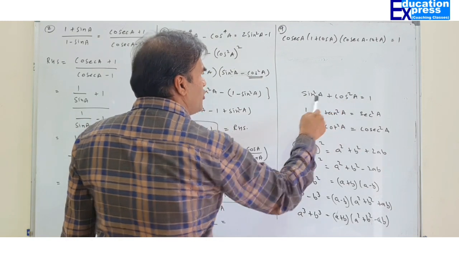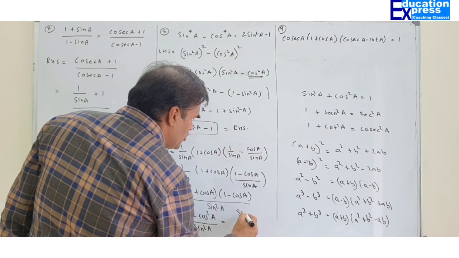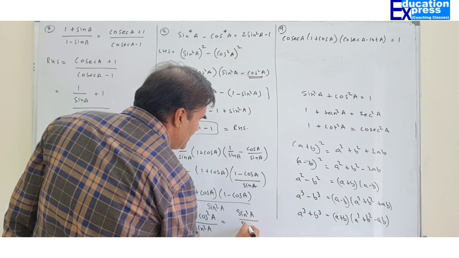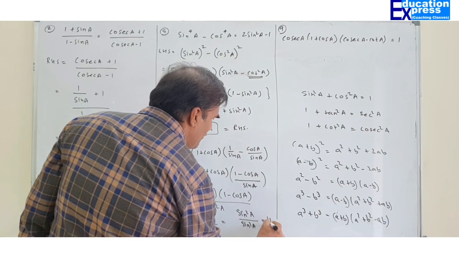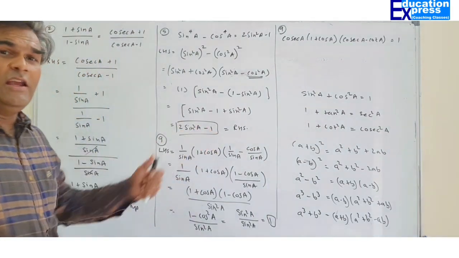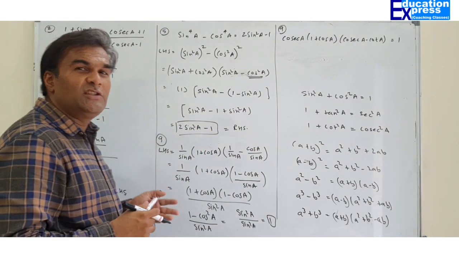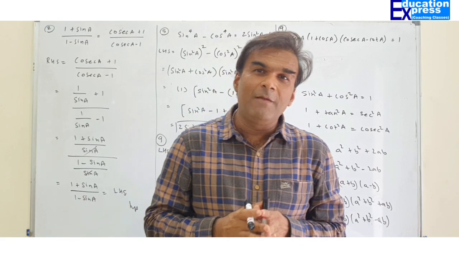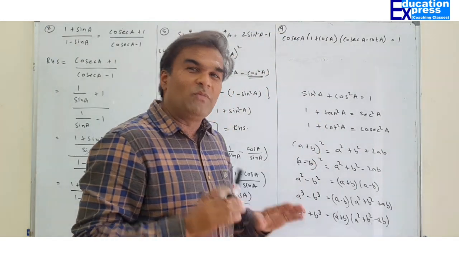So 1 minus cos square A would be sine square A. So sine square A upon sine square A is 1, which is your RHS. So very comfortably we could do this question, such a simple question basically, provided you know this aspect of it.